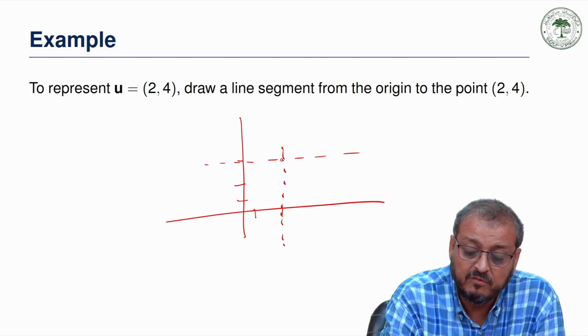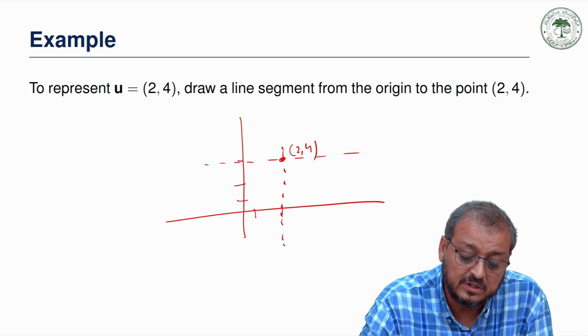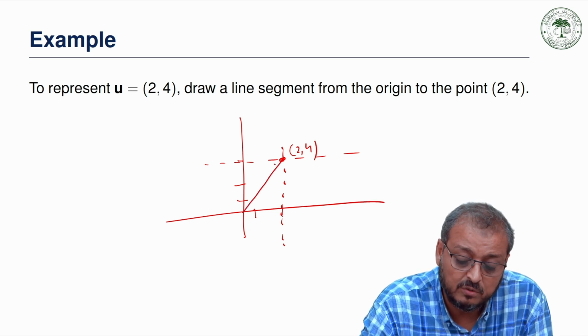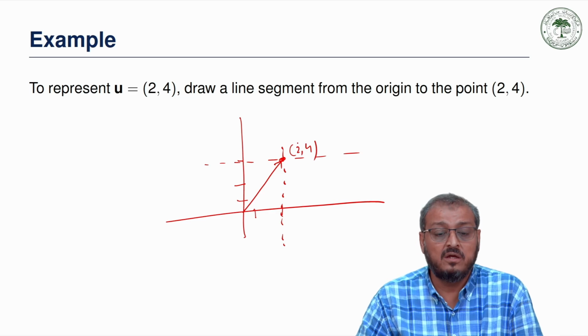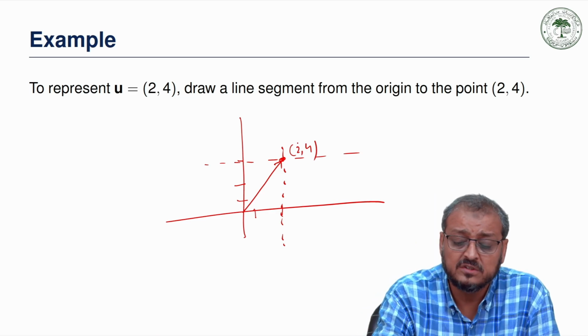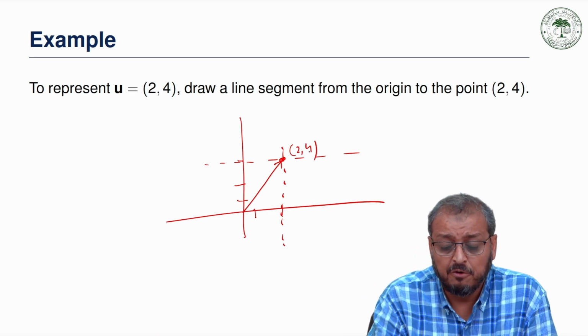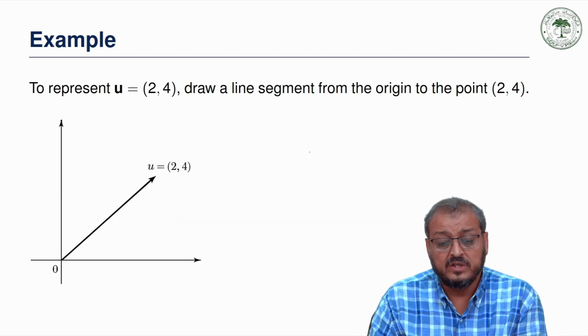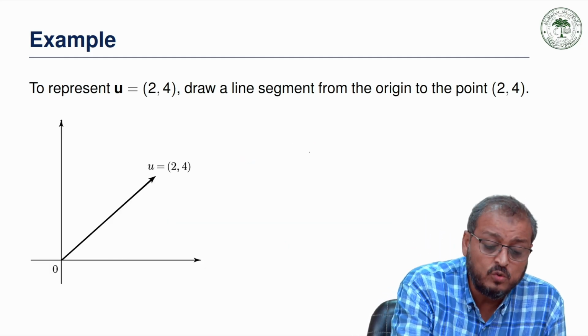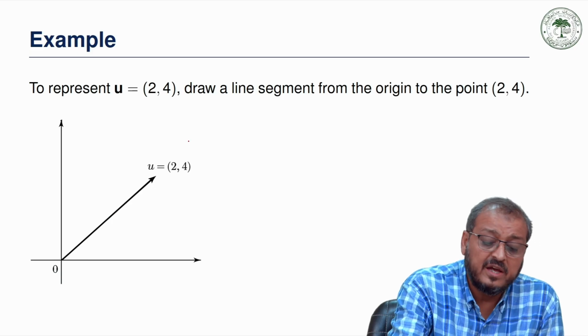So, that is the point (2, 4). We draw a line segment from the origin to this point, and this represents a vector, since the point (2, 4) lies in this plane.